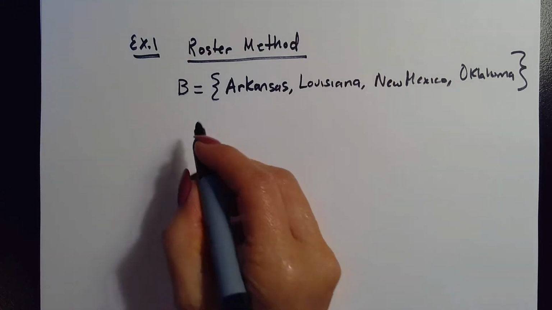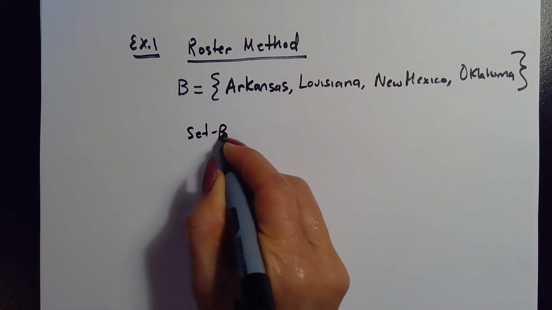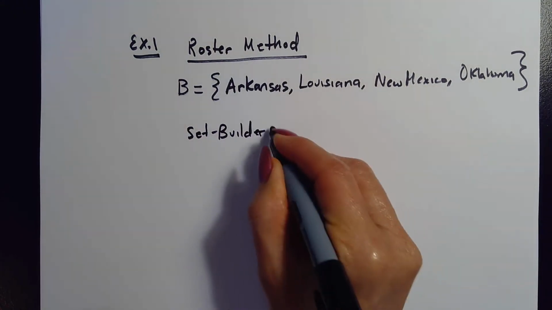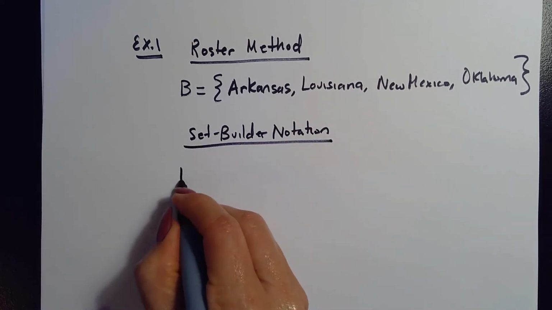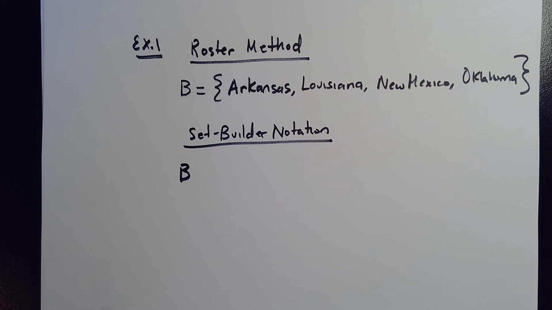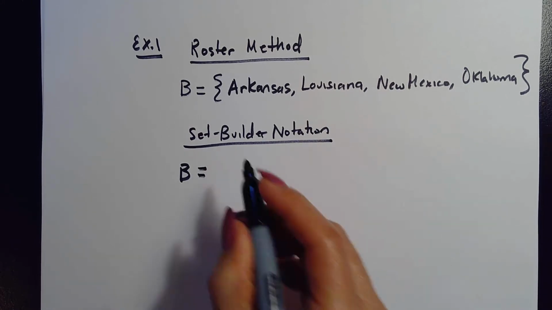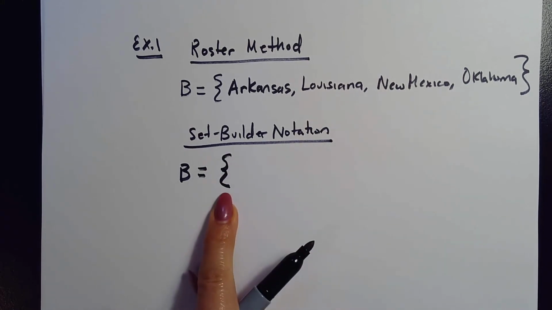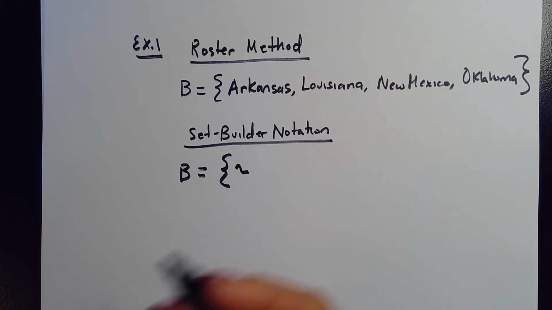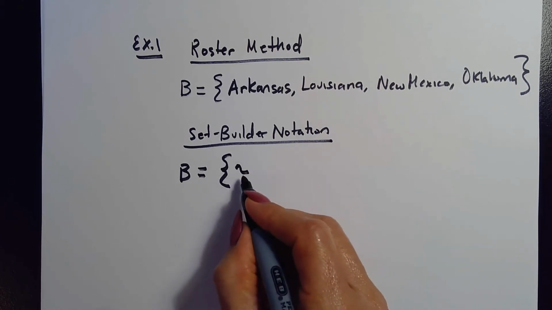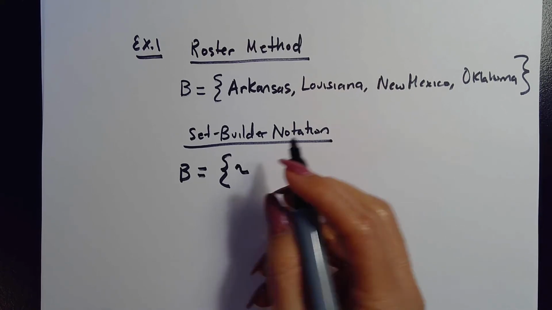Now we can use the set builder notation as follows. We can set B as a set of all the x's. I can use any letter. In fact, I probably should have used S for states, right?